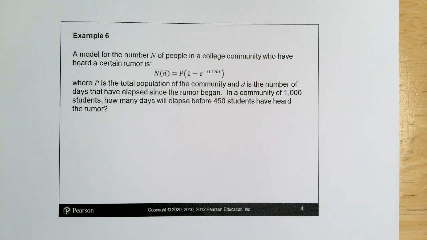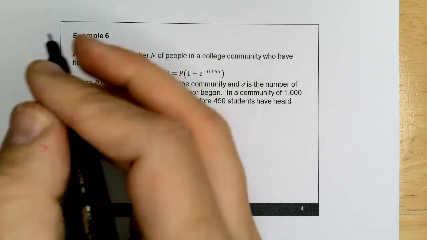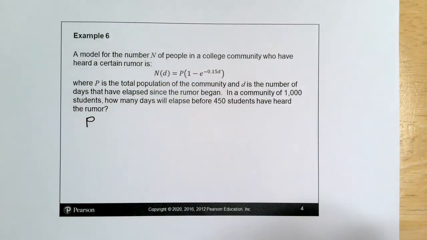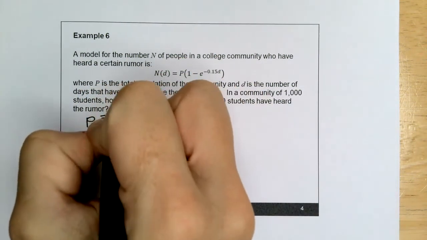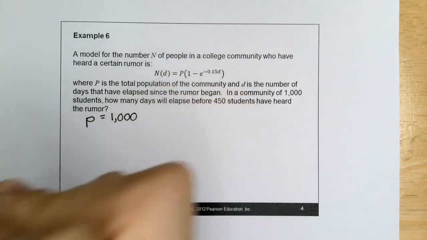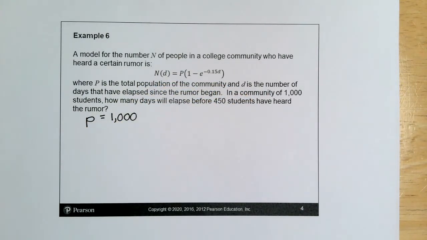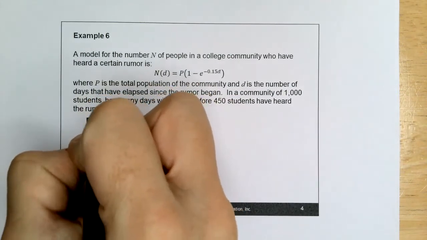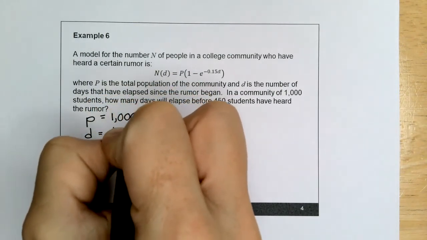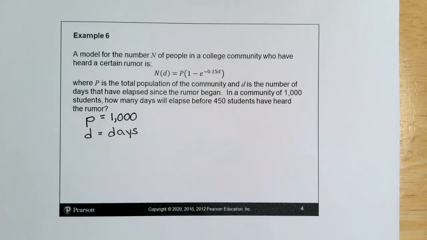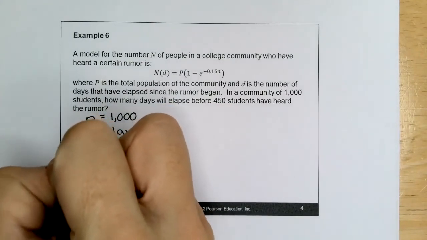So in a community of 1,000 students, so P is population, and they said it's 1,000, right? How many days will elapse before 450 students have heard the rumor? D is days, and D is what we want to find. So we need to find D.